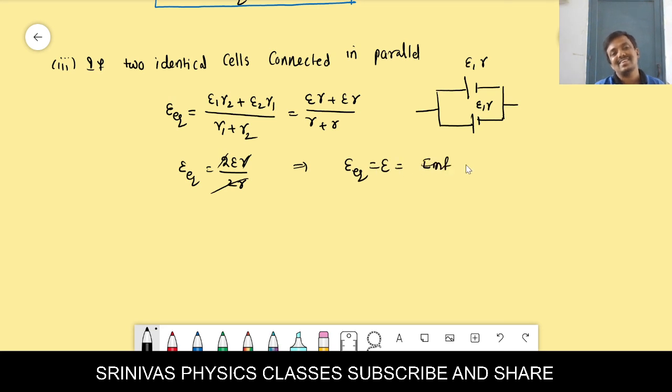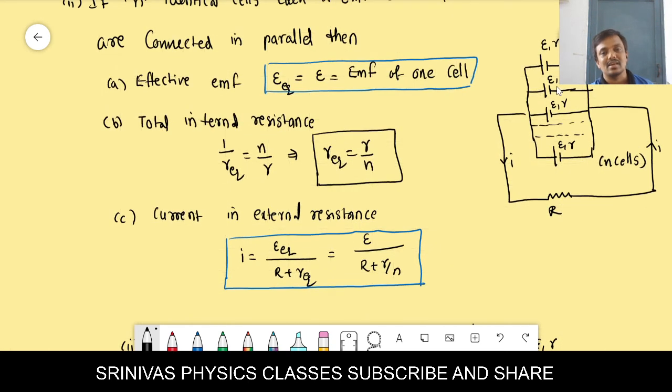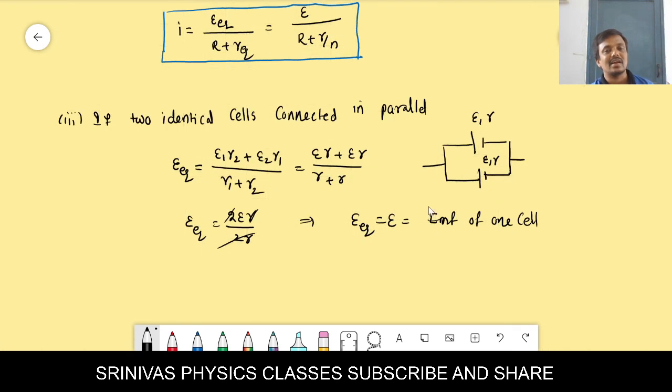Is it right? Whether you connect two cells or n cells in parallel, you will get the total EMF equal to the EMF of one cell. Here we derived that point by taking two cells.